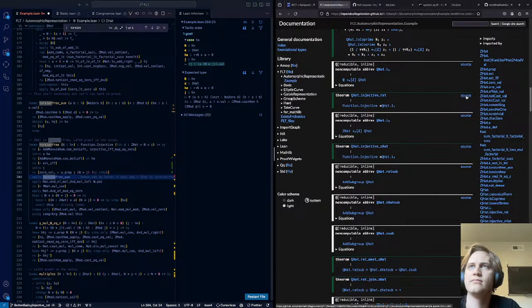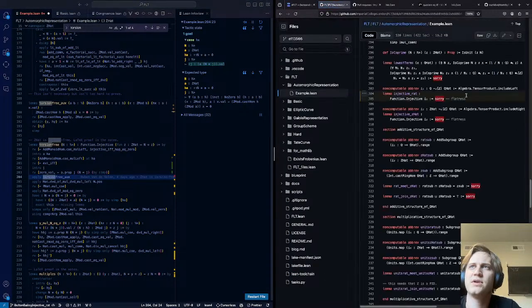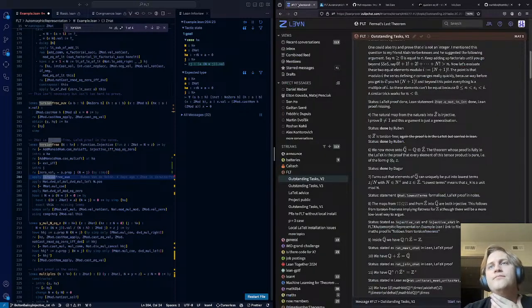Right, this is what I'm trying to prove, I think. Yeah, flatness.